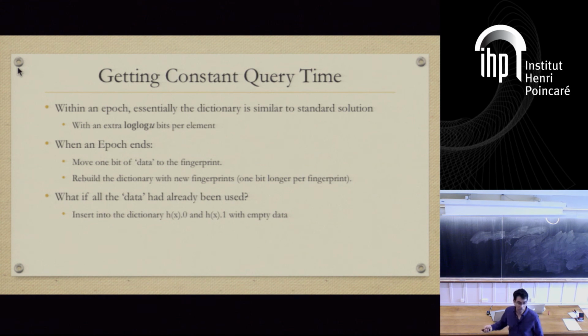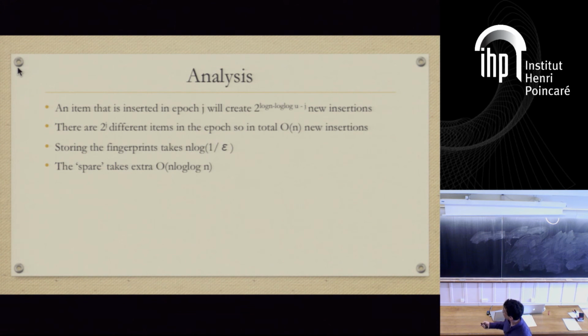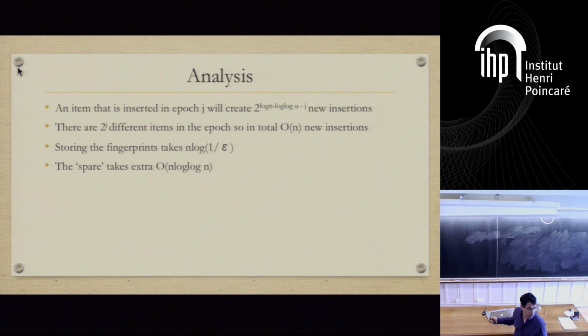So now let's compute how many superfluous, how many unnecessary items have we inserted. An item inserted in epoch j will create, well, we have log n epochs minus log log u, which is the extra bits that we had, minus j, which is the epoch in which it was inserted. So this is the number of new insertions that were caused for an item in epoch j.